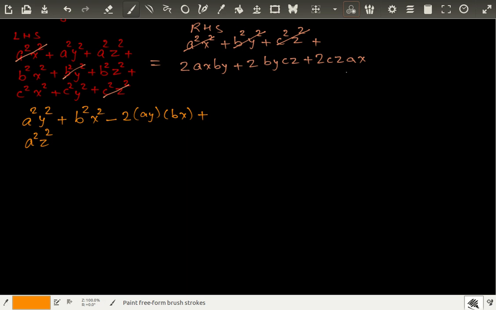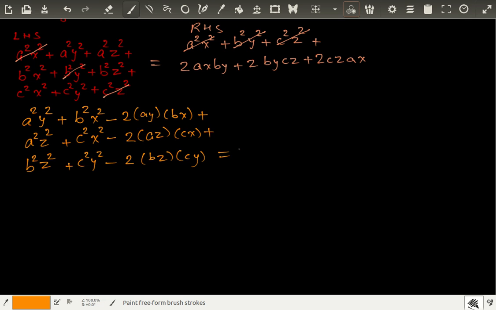Besides the az term, we have the cx term, so we will find c²x², which is over here, plus c²x² minus 2 times az cx, plus b²z² plus c²y² minus 2 times bz cy.